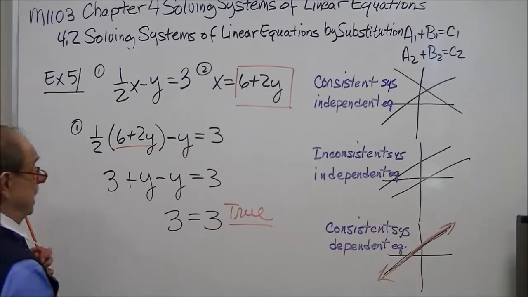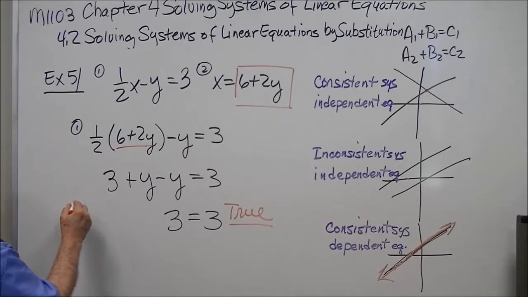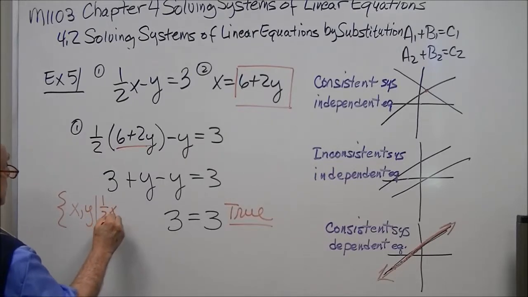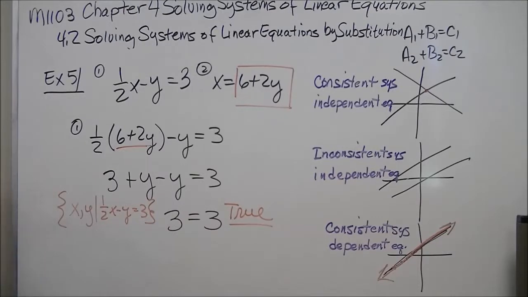So these are the same equation. What would the answer be then? Well, you can write either of these out. You could say that x comma y is such that 1/2 x minus y equals 3. And that's how you write it. And this indicates that they're the same line.